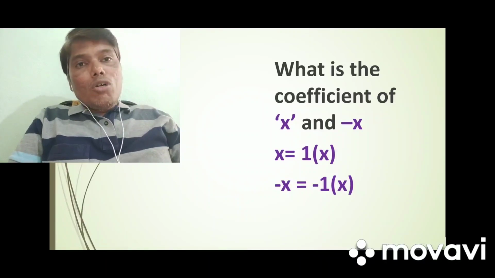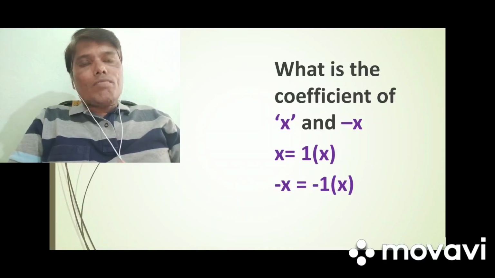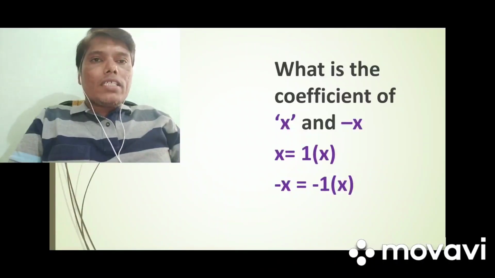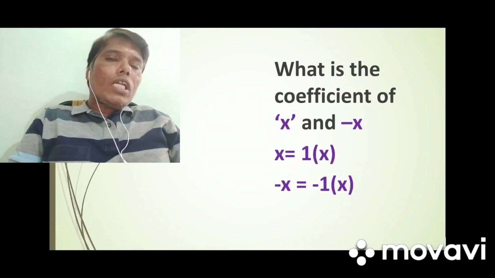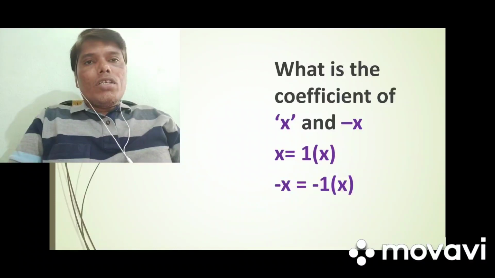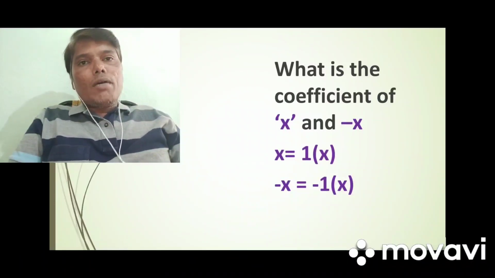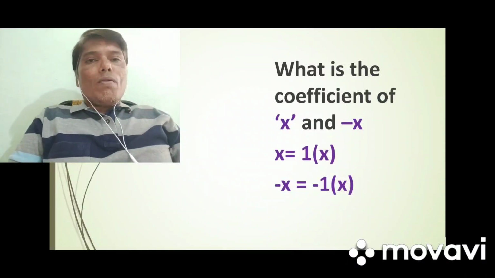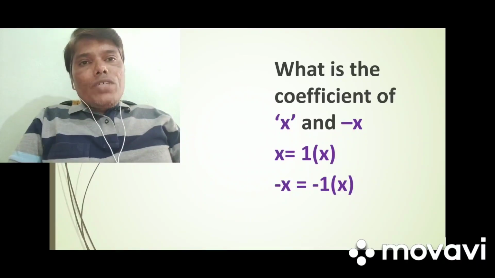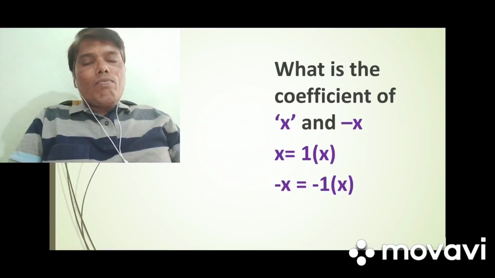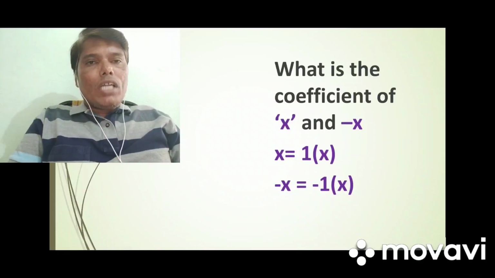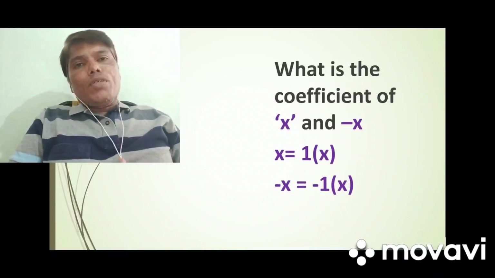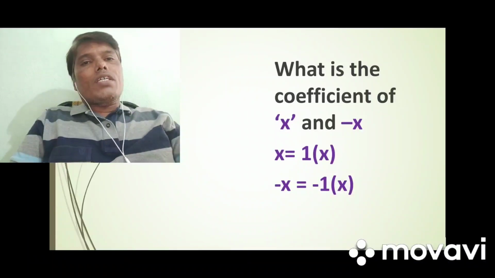That is, the coefficient of x is 1. And what is the coefficient of minus x? We can write minus x as the product of minus 1 and x. So the coefficient of minus x is minus 1. So when the coefficient of a term is not given, we have to understand that the coefficient is 1. Okay. So I hope you understand about coefficient.